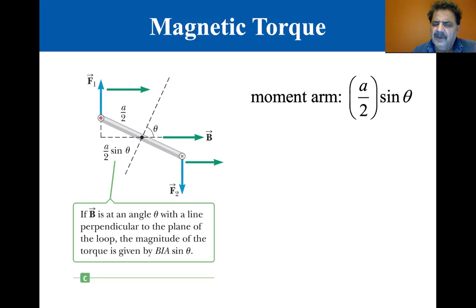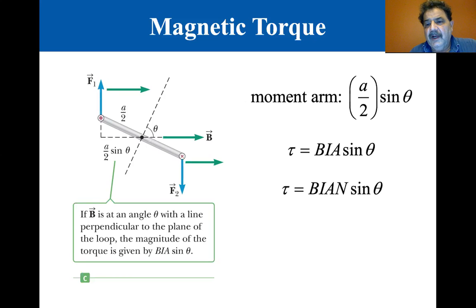If you recall, we had BIL sine theta when the magnetic field is not perpendicular to the wire. It's a similar case here. So torque is equal to BIA sine theta. This is just for a single loop.